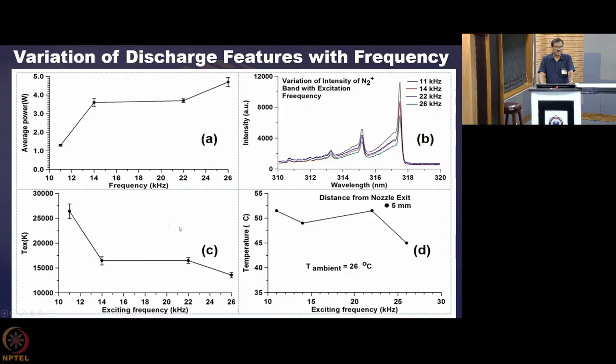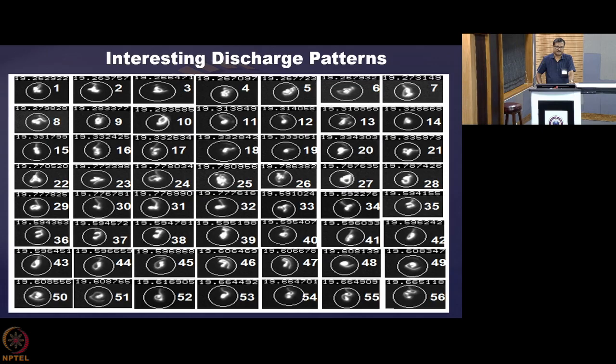Whatever the electron mediated reactions that can happen there, and because of the low gas temperature, they are bearable by the biological cells. Now, physics wise, this kind of discharge exhibits many interesting discharge patterns.